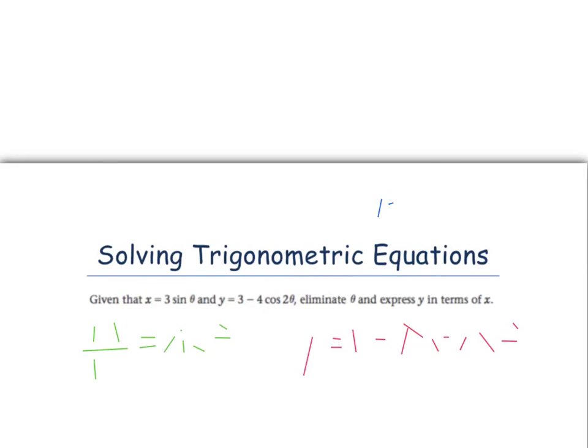And one of the ways we did was cos 2 theta is identical to 1 minus 2 sine squared of theta. And if we substitute that in replacement of the cos 2 theta, we'll have y equals 3 minus 4 times 1 minus 2 sine squared theta.